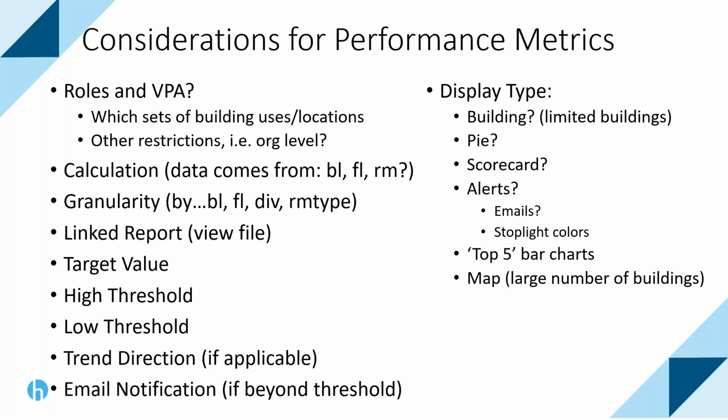And of course, there's always the thought to what is the user's experience, right? So when the user logs in, what is going to be the most useful way to see this metric displayed? Is it going to be by using the building metric, which shows an image of the building with the value on it? Is it a pie chart? Is it a scorecard? Is it an alert style metric with the stoplight colors and so on?